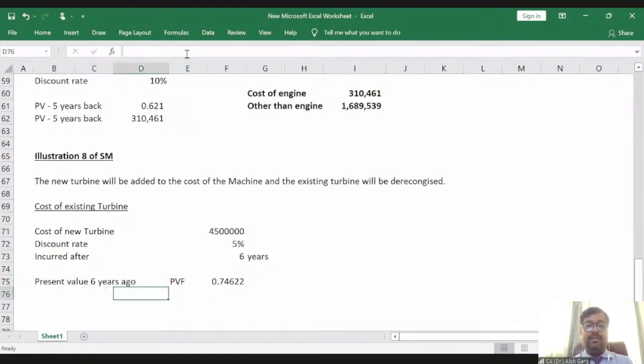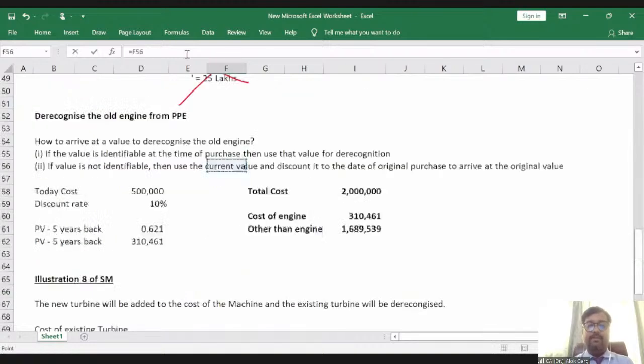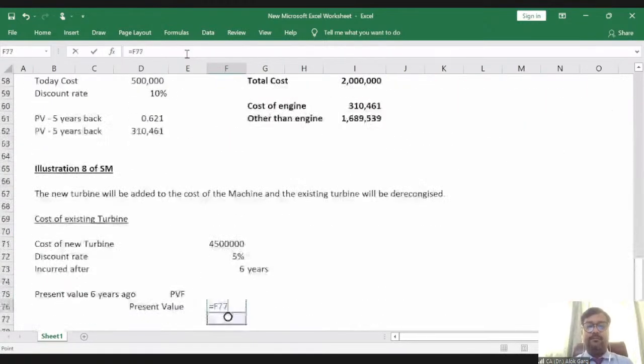So in this particular case, what is my present value? My present value would be 45 lakh multiplied by the present value factor, right?